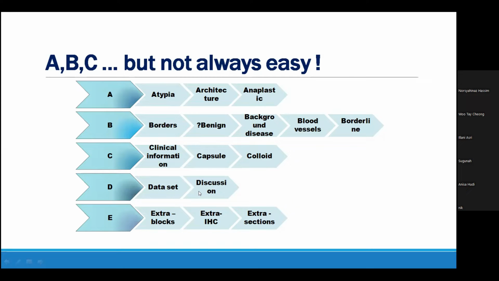And discussion means with your clinician, oncologist, or your colleagues. This is also important in difficult cases. And do not hesitate to work extra on the specimen, extra blocks, extra immunohistochemistry, or extra sections, because when you do extra workup, a lot of information will be revealed. So that is ABC. We will touch on each of these one by one in our cases.